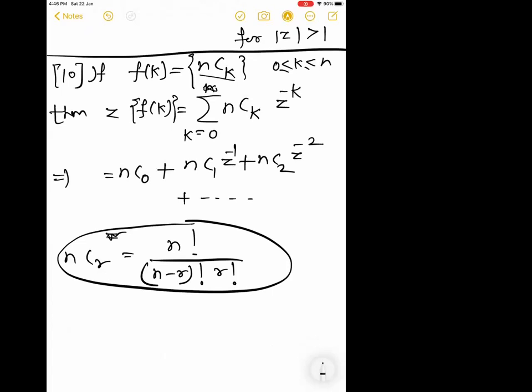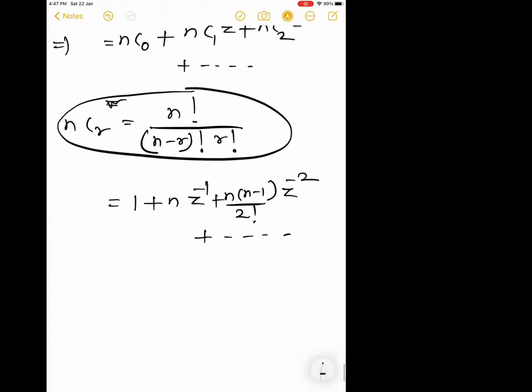So when you have NC0, your answer will be 1. If we put NC1, the answer will be n. If you put NC2, the answer is n into n minus 1 upon 2 factorial, z raised to minus 2, and so on.